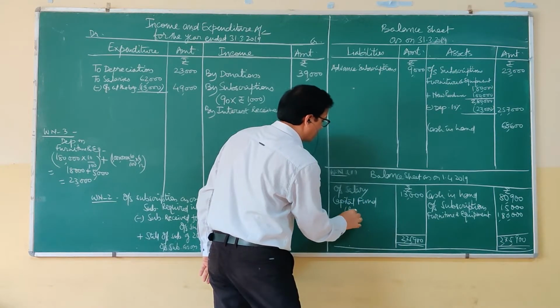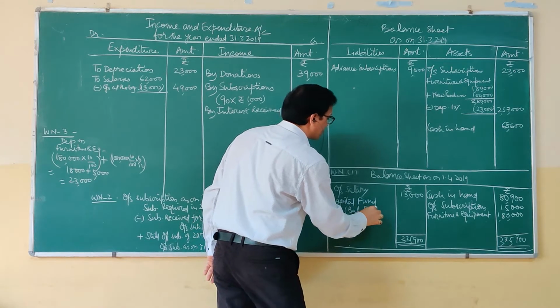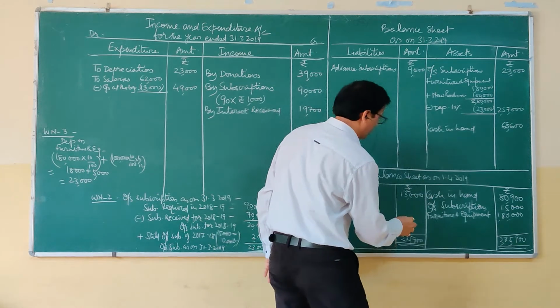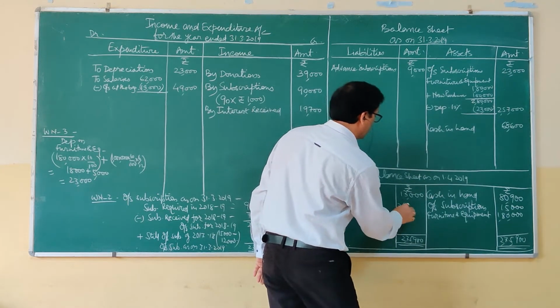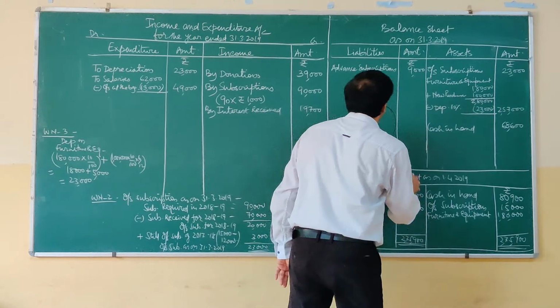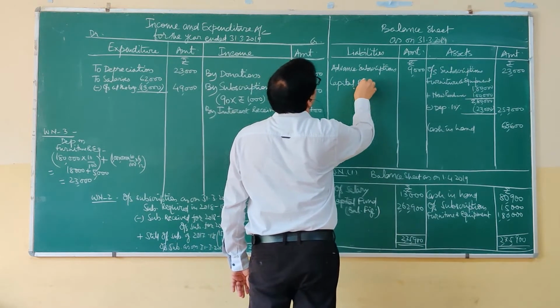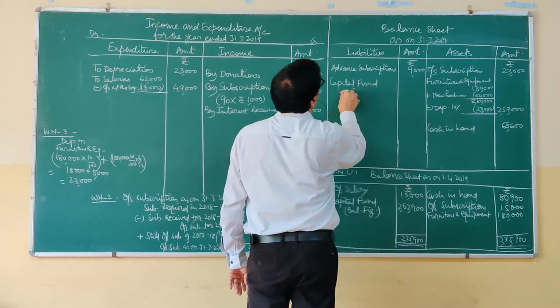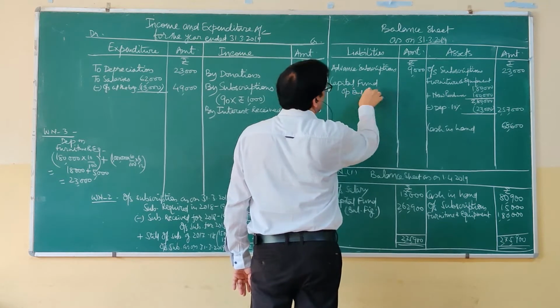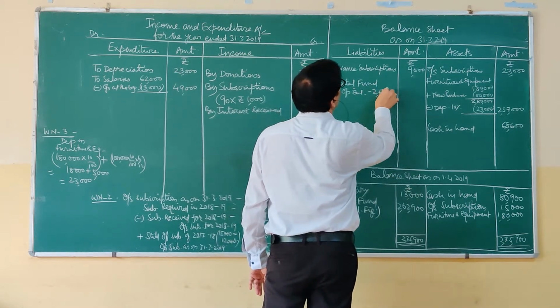Balancing figure. 275 minus 13, 262,900. This we will take here, capital fund. Opening balance 262,900.